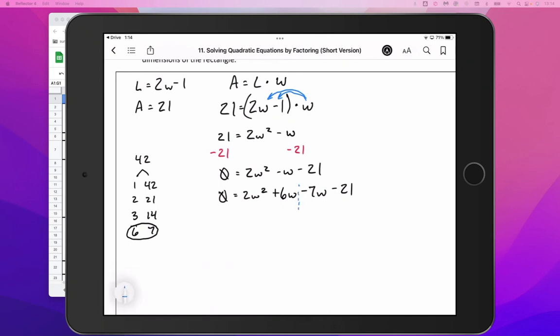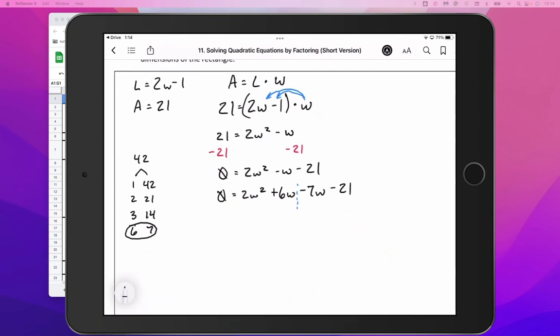Now we do our da-da-da-da. And we can see that on the left, I could factor out a 2w and be left with w plus 3. And on the right, I want a w plus 3, so I'm going to factor out a negative 7, which gives me a w plus 3.